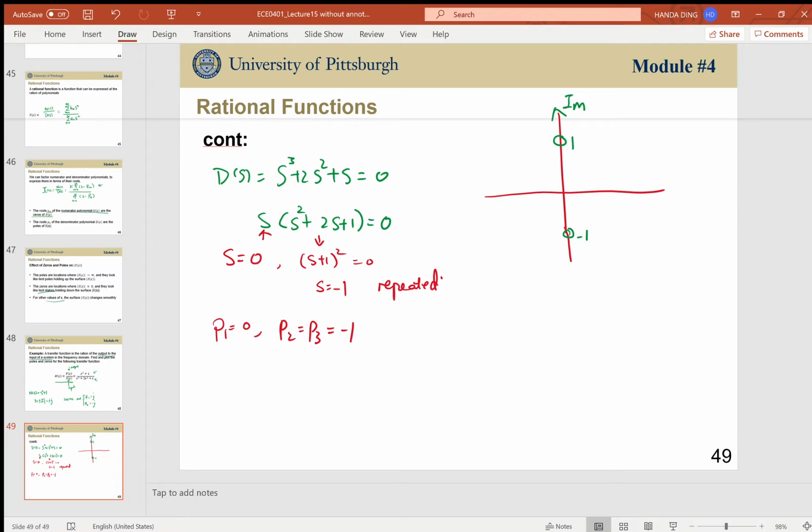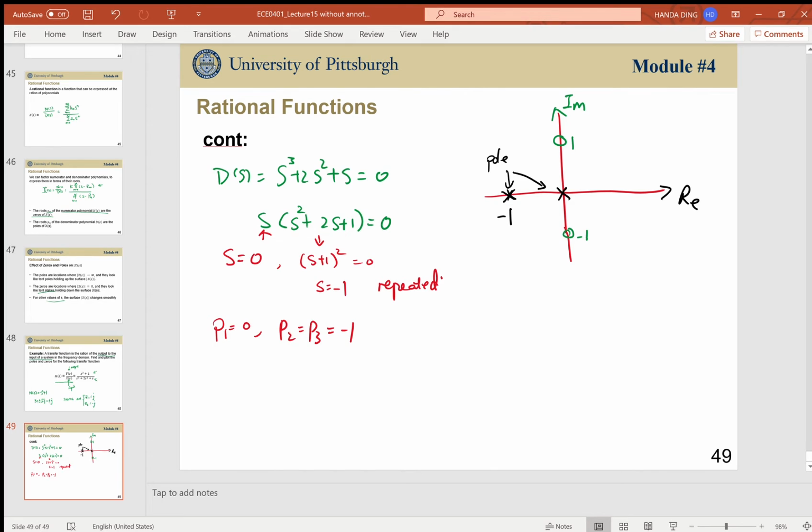And for the real part, that's nothing more than 0 here. And the gentleman just suggested we have a repeated -1 pole, so we're going to mark it twice. So from the plot, you see all the poles and zeros are nicely described here.